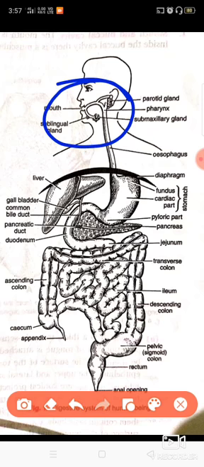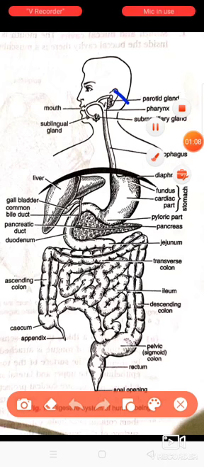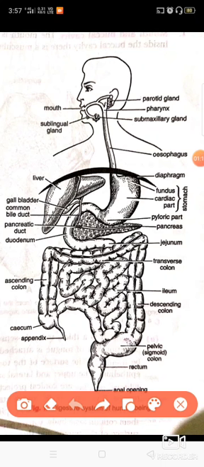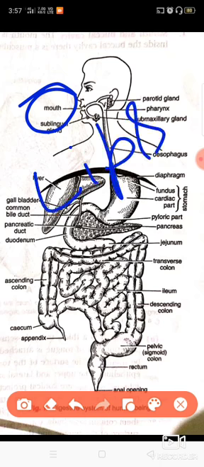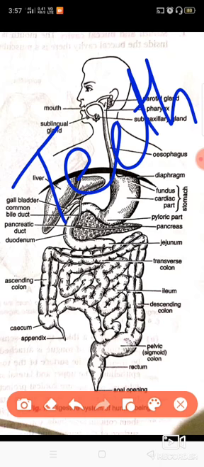The first part of the digestive system, as you can see in the diagram, is also known as the buccal cavity, and in this buccal cavity there is an opening which is known as the mouth. It is covered by the lips. Inside the mouth we have different things like teeth. You know well what the teeth are.